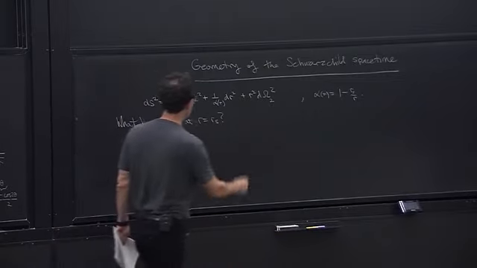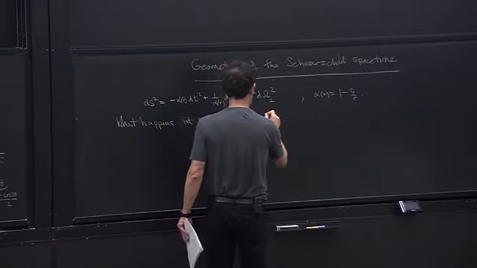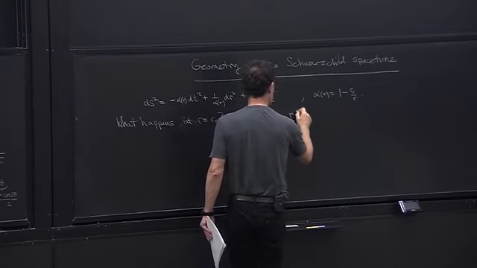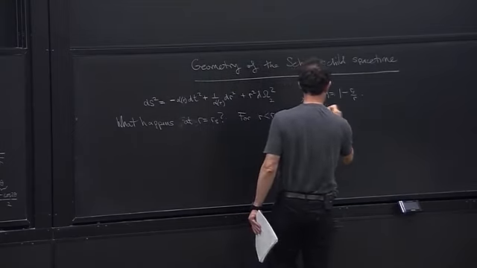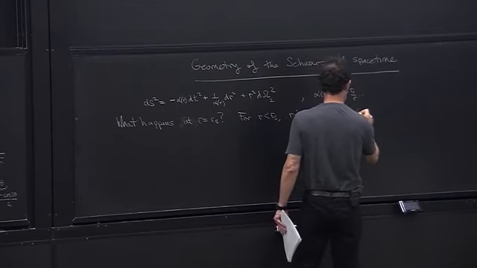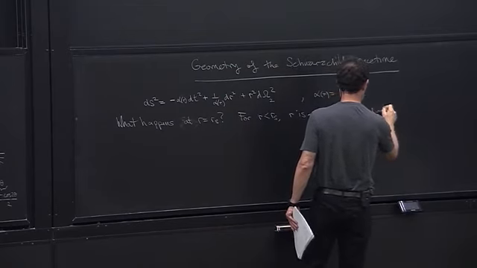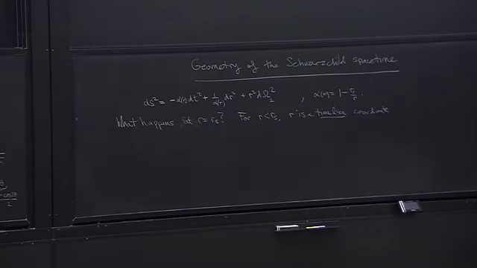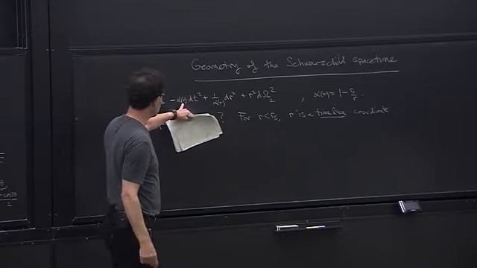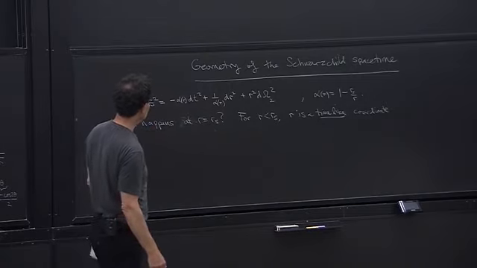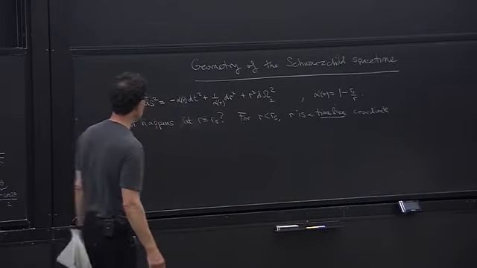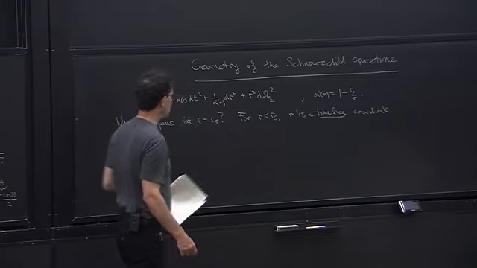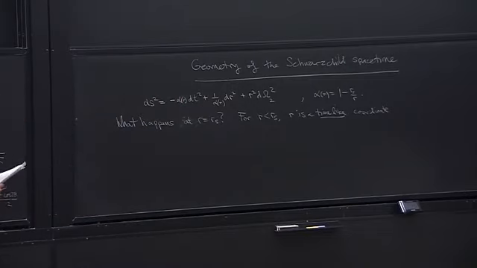As I've said before, for r less than rs, r is a time-like coordinate. That means if I keep all the other coordinates fixed and I just change the radius, then I'm moving in a direction which is time-like, because this coefficient is negative and this one is positive. So dr is the time direction in the space-time.